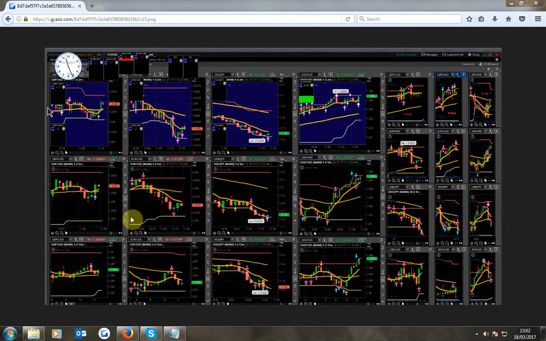Just to highlight what I mean: red, green, red, green, red, green, and dojis basically. It was directionless. Again, look at the 2 minute charts. Up, down, up, down, up, down. And that whole move was 15 pips. So when that stopped going up, I stopped trading it.